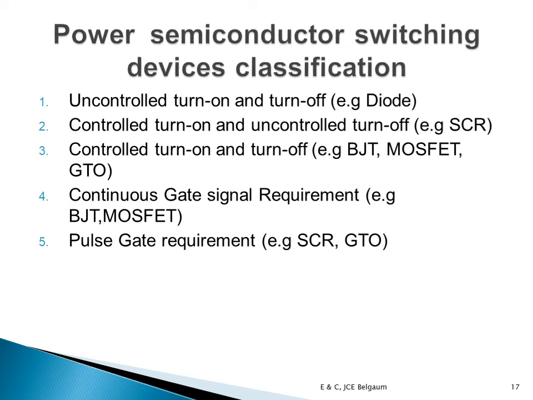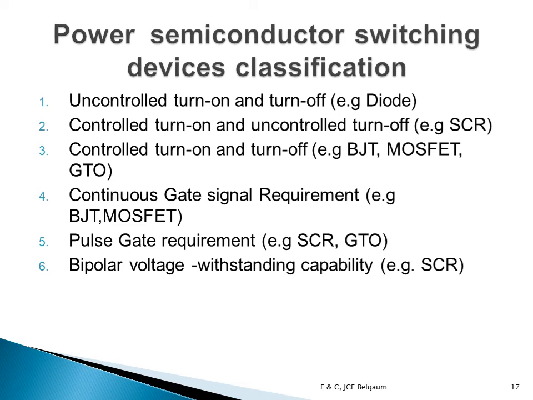A pulse is an electrical signal which remains high for some time and then goes low. So let it remain high till the SCR turns on and then let it go low. The advantage is you are saving on power, because after that, even if the gate current is there, it is useless. So which devices work for pulse gate requirement? SCR and GTO.